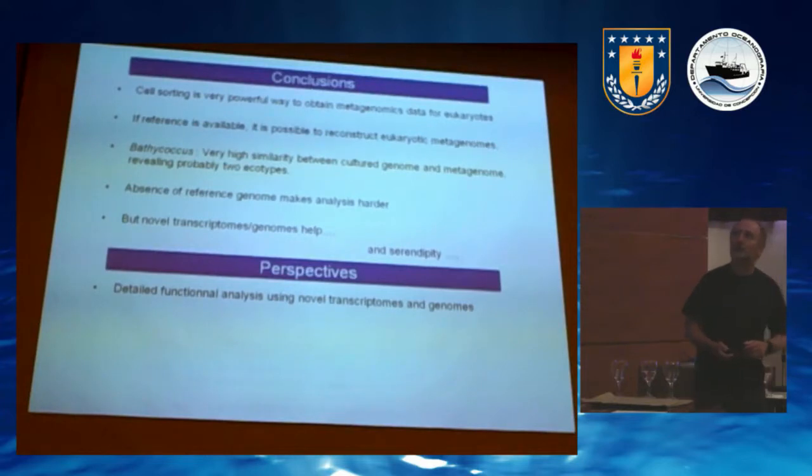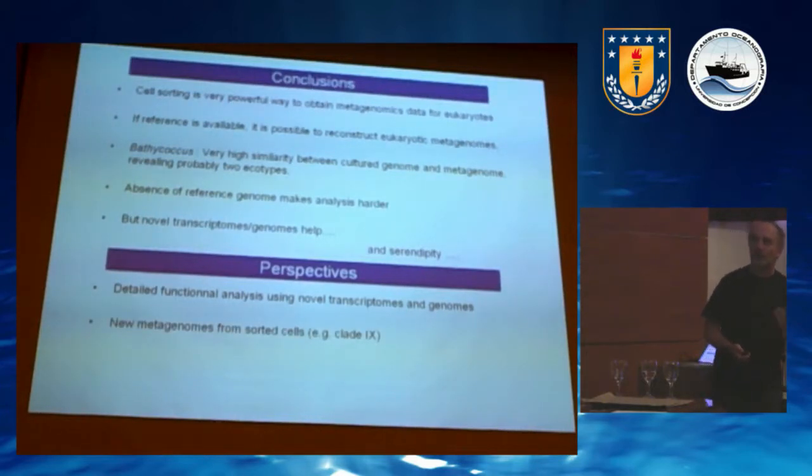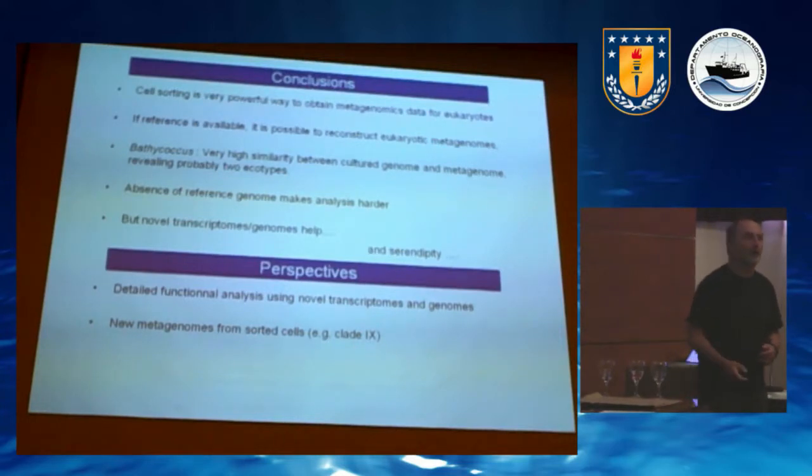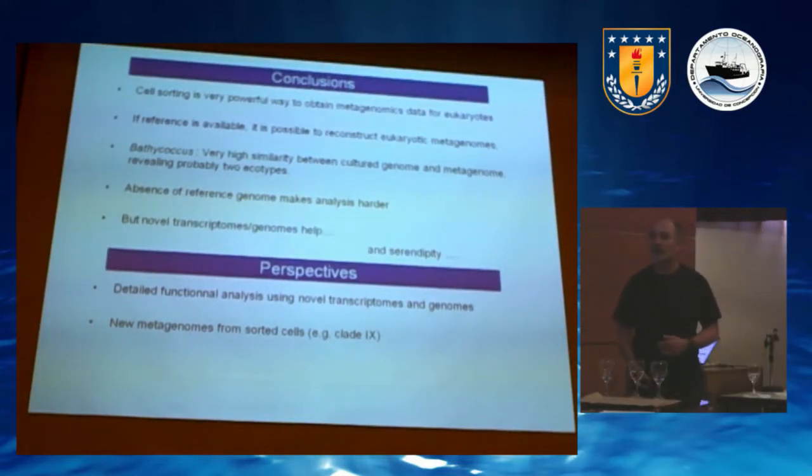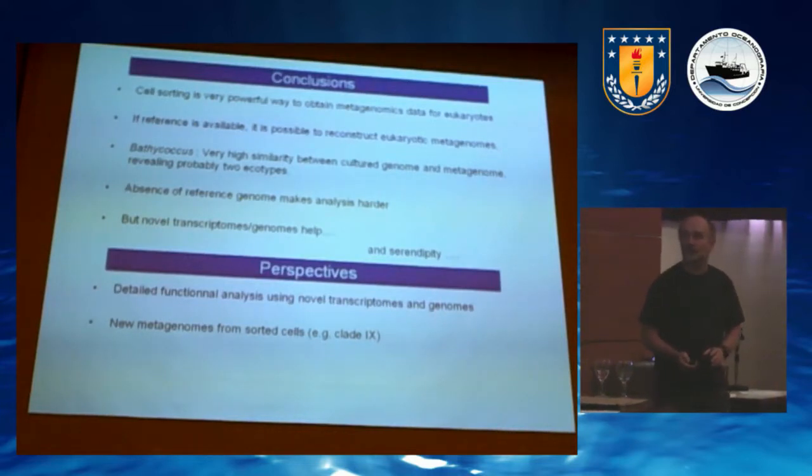I think, in terms of perspective, we need to do a much more detailed analysis of the data we have. We need to have more of these sorted genomes, and in particular, we have some samples of this uncultivated clade 9 that we're really interested in, and Adriana within my lab is going to soon send them for sequencing at Genoscope.